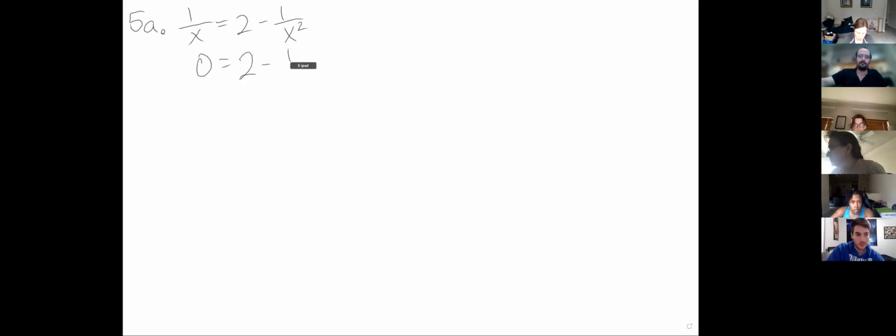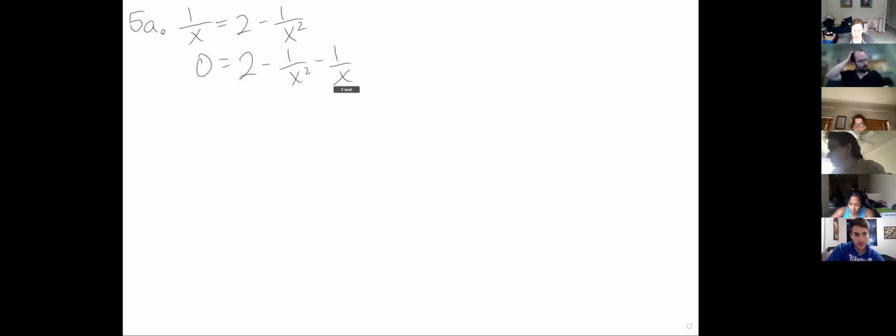So let's have Joshua help with the first one. Let's see where you at least got started. I wanted to get one side equal to 0, so I did minus 1x. Okay, so you had 0 equals 2 minus 1 over x squared minus 1 over x.